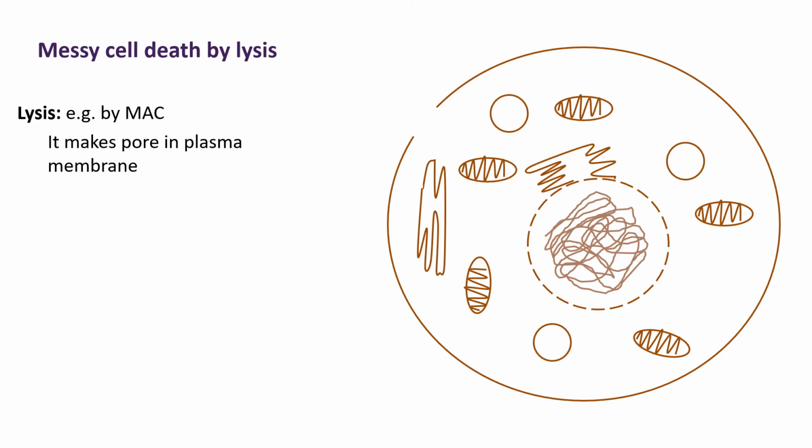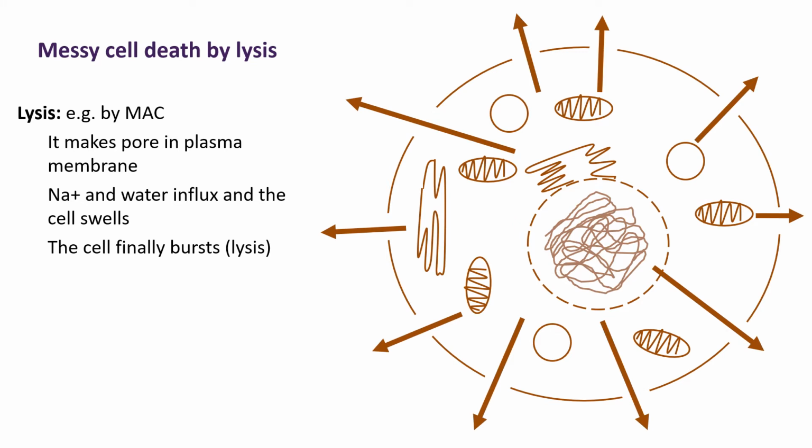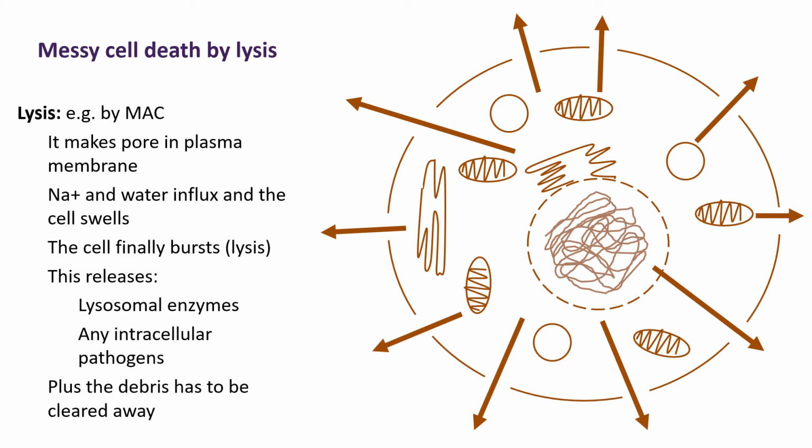So remember, MAC makes a pore in the plasma membrane, sodium and water influx, the cell swells, the cell finally bursts, and then, as we said, this potentially releases lysosomal enzymes, which are nasty toxic chemicals, proteases. They will start breaking down our healthy cells and also the extracellular matrix. So they're going to make a bit of a mess when they're released. It also releases any intracellular pathogens.